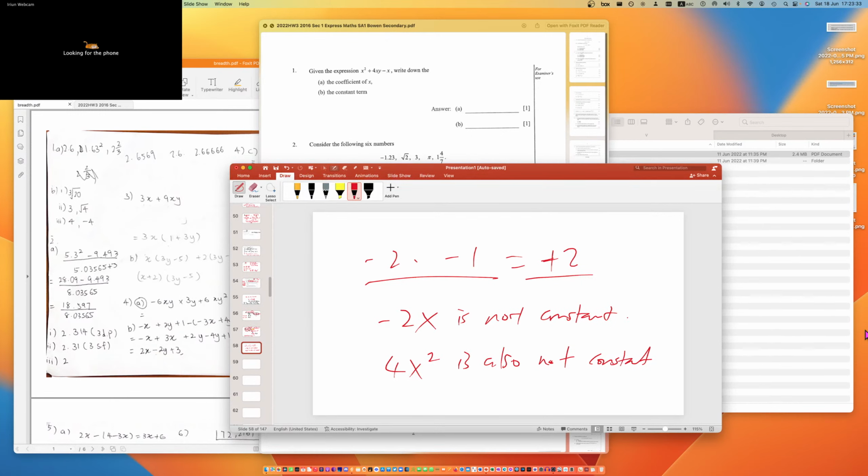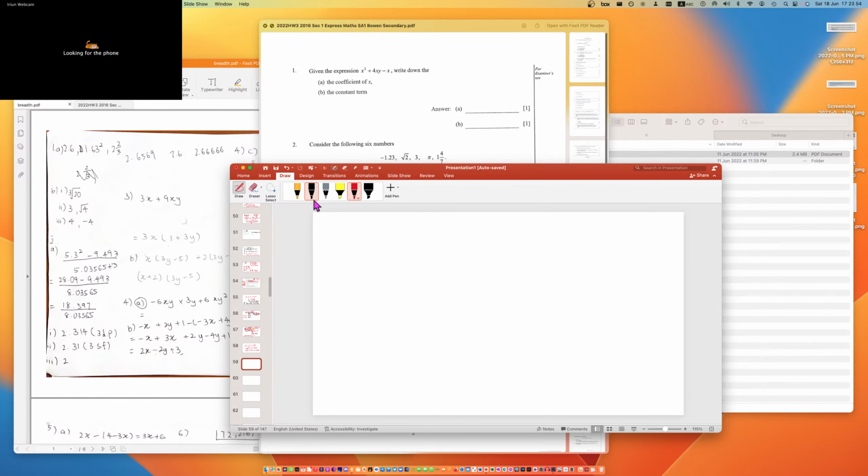Okay, so you are actually right along the lines, close. In a way, this minus 2x is not constant because x is not the same throughout. If you explain minus 2x, your result depends on x.